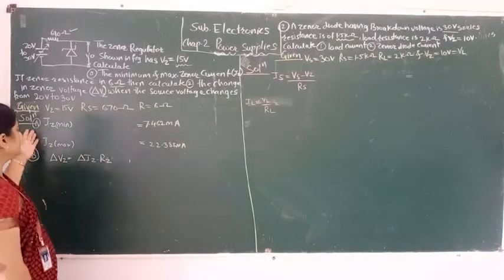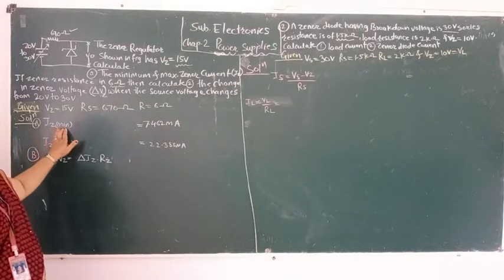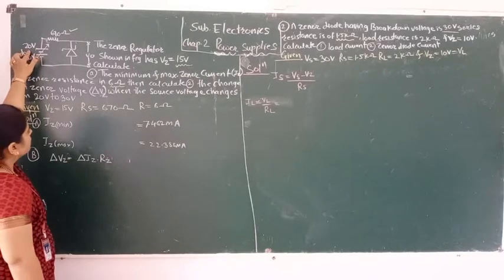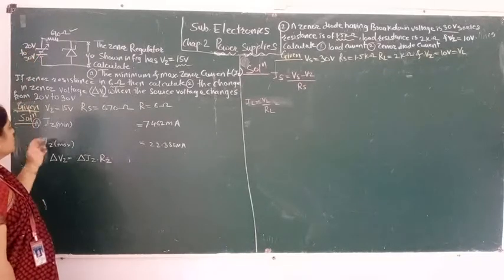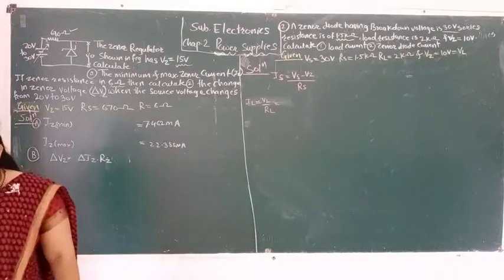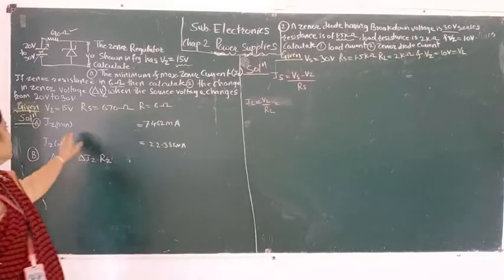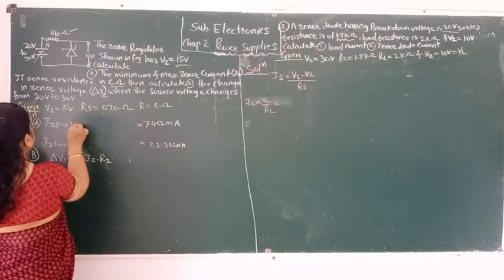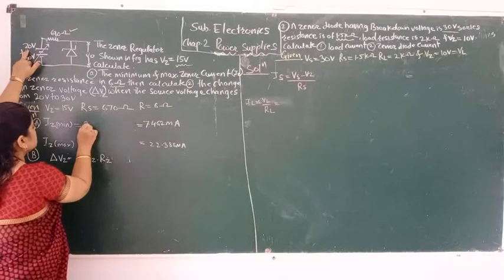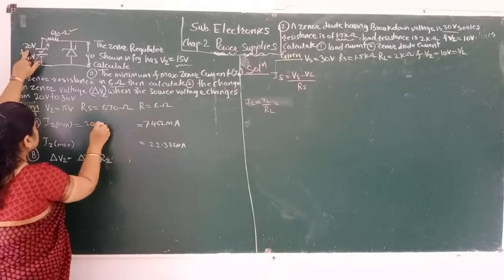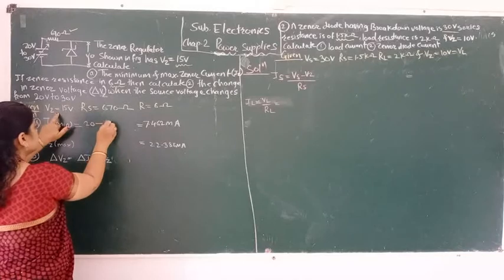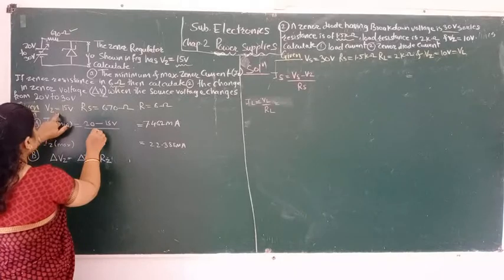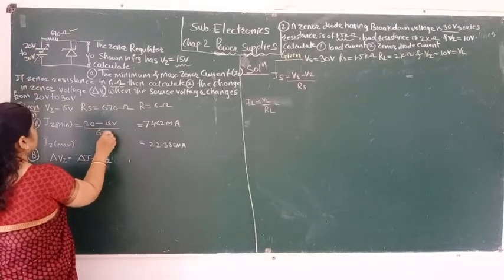For Iz minimum, we have to take the minimum value, which is 20. So how can we calculate? Iz minimum is equal to the minimum value 20 volt minus Vz, given as 15 volt, divided by RS, which is 670 ohm.